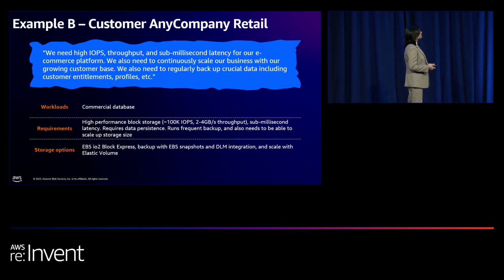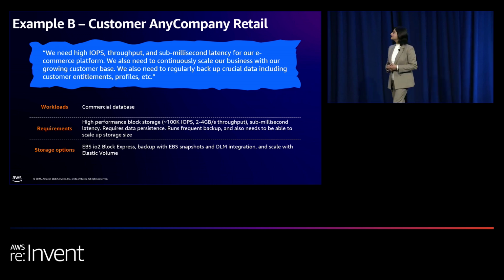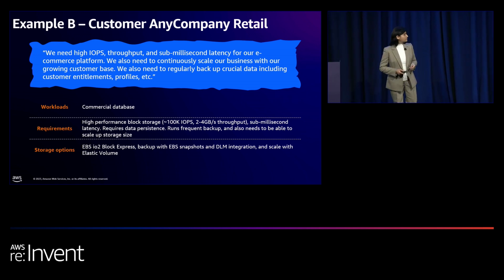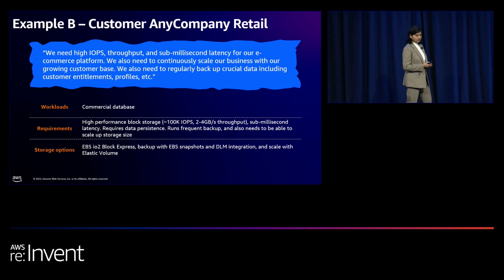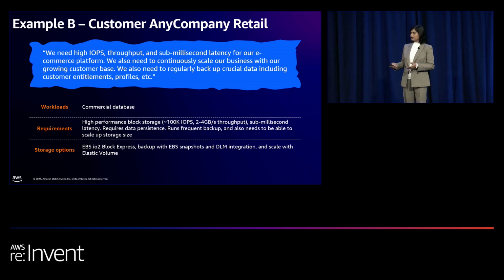Let's take a look at the other customer example. This one is a retail company. And this example talks about they need very high IOPS, throughput, sub-millisecond latency for an e-commerce platform. They're running a commercial database on AWS. They also have a very specific need that they need to continuously scale their business with the growing customer needs.